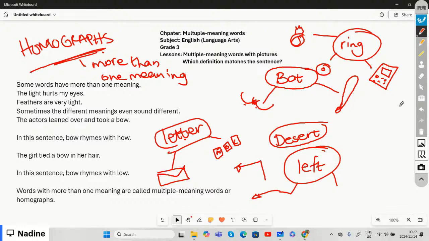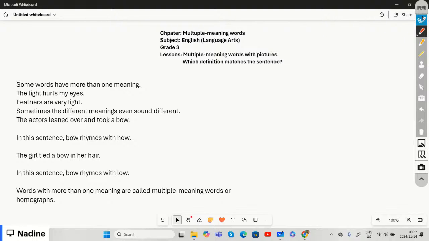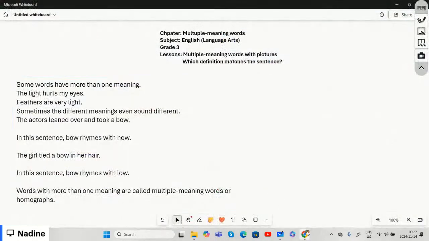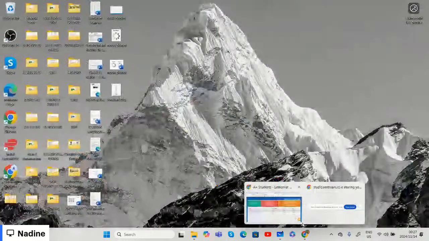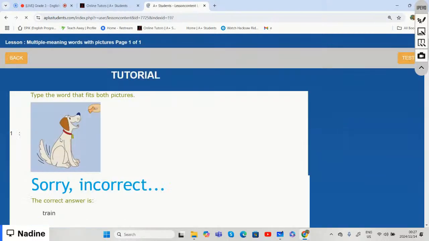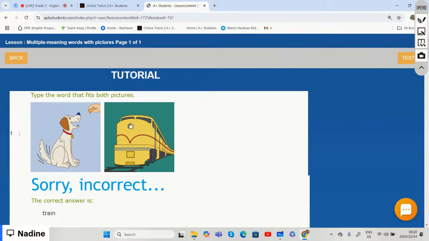All right. So now let's go to aplusstudents.ca, and we're going to choose multiple meaning words with pictures.